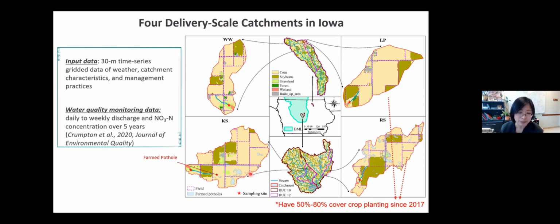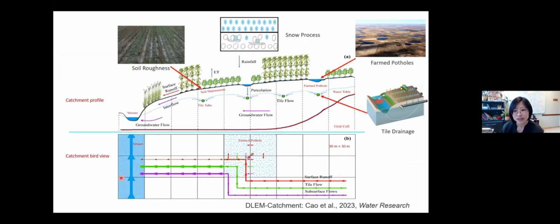So we obtained a precious data set from them, including daily to weekly water discharge and nitrate concentration. This data serves as wonderful benchmark data for us to test the model performance.